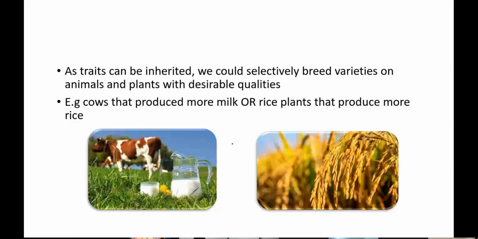For example, we can produce cows that give more milk, or we can produce rice plants that can produce more rice. We can produce the best variety of cows and the best variety of rice plants. This is the function of learning heredity or genetics.